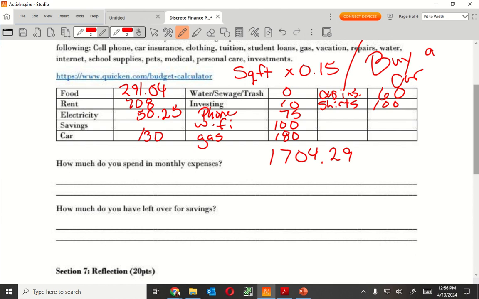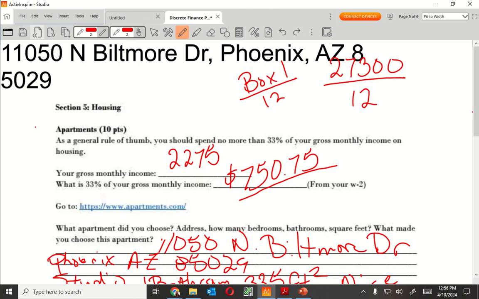Now what we need to do is subtract that from my monthly. What was my gross monthly? Was it 2 something? Yes. 2275.